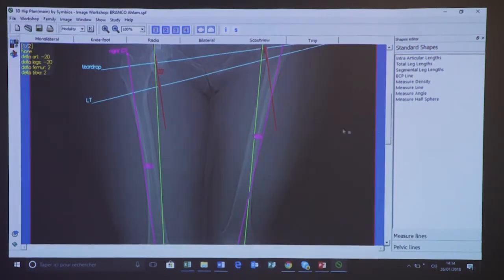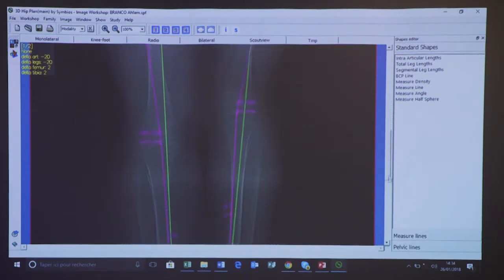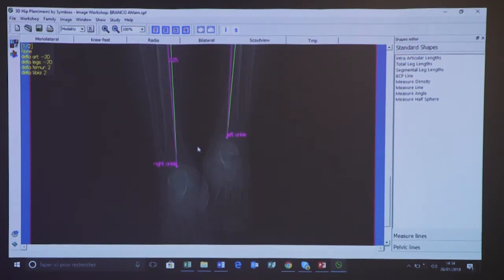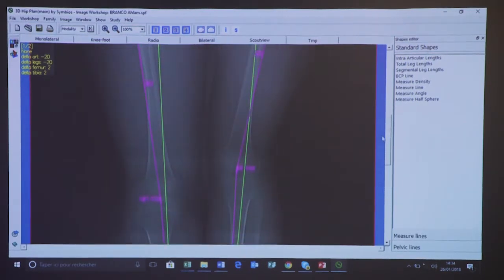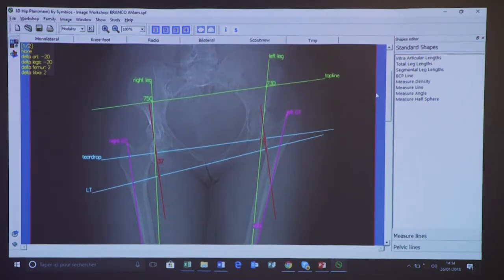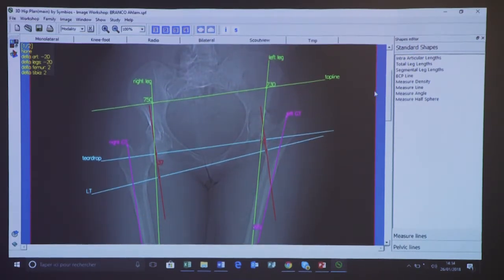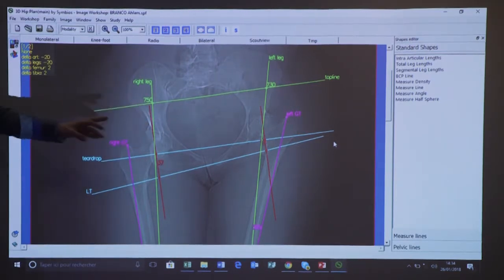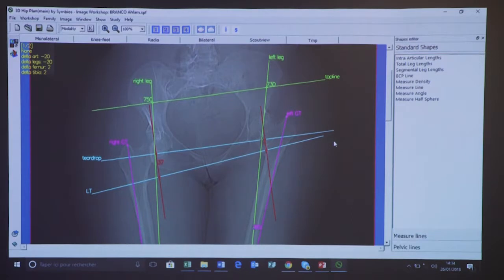And very interesting, because when we analyze this, we can see that there is obviously a lower limb discrepancy, but a very important part of this discrepancy is because she has a fixed adduction of the hip, which means that when we implant the prosthesis and this patient will have an abduction, a huge part of this lower limb discrepancy will disappear.